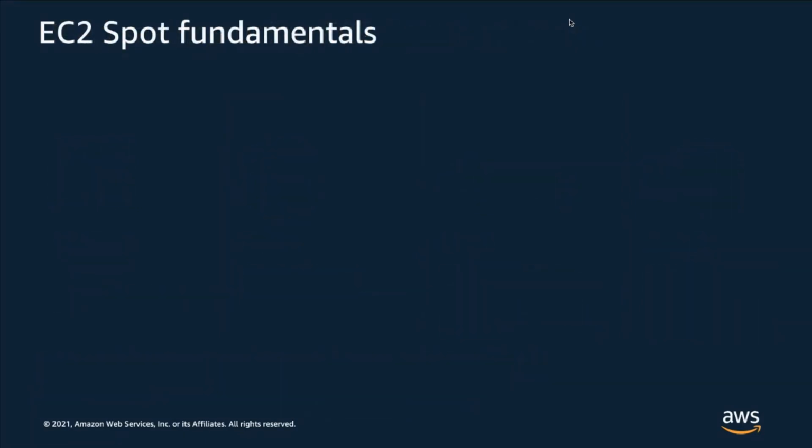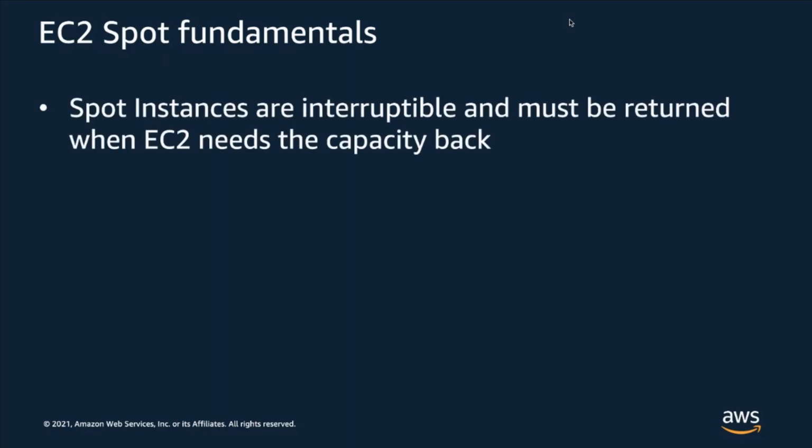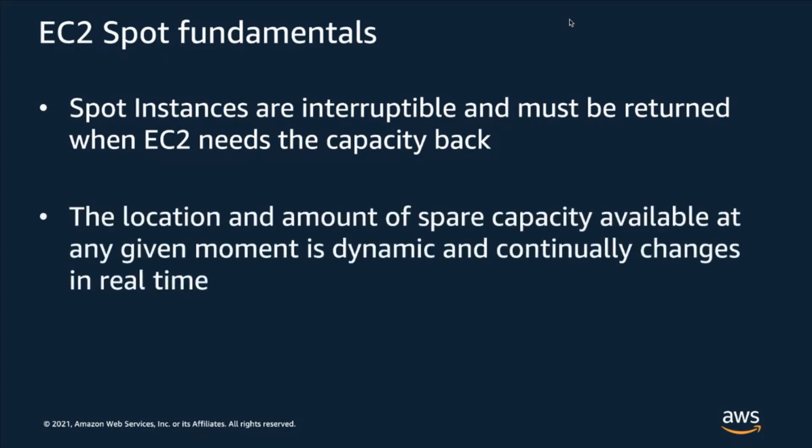All right, so spot fundamentals. Let's talk about this. Again, I mentioned spot instances are an interruptible purchasing option and must be returned when EC2 needs the capacity back. So you want to take this into consideration when you're running your workloads. You need to understand that your spot instances will be interrupted based on capacity trends.